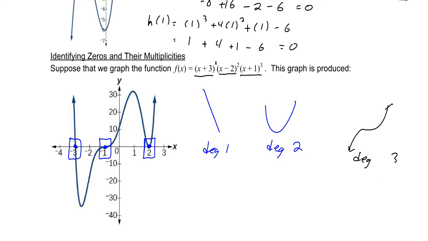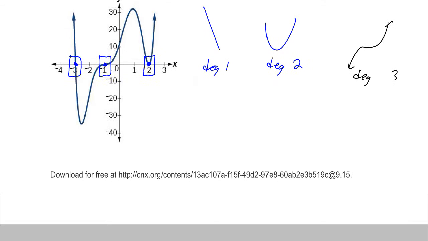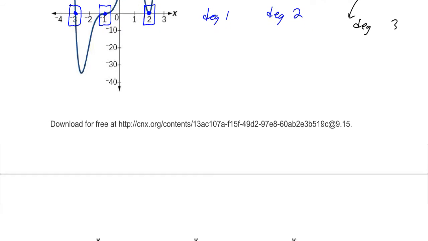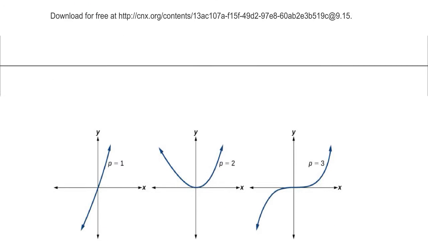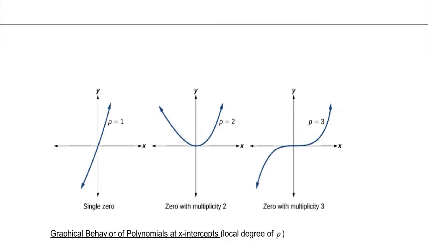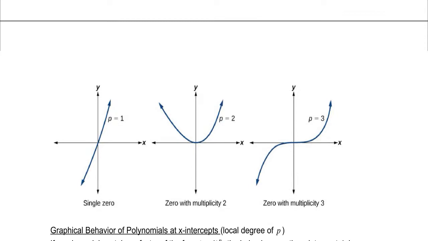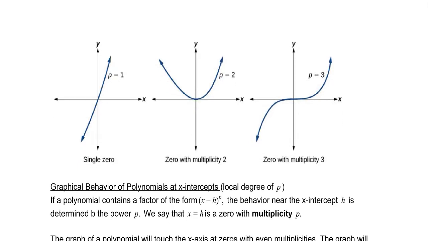So the exponents on each of those factors actually tell us what the behavior is going to be like locally, what the function is going to look like around that value of x. This is summarized in a little chart on this next page. If the multiplicity, that is the exponent on that term, if we have a form that looks like this, the degree of that factor is going to tell us what it's going to look like.